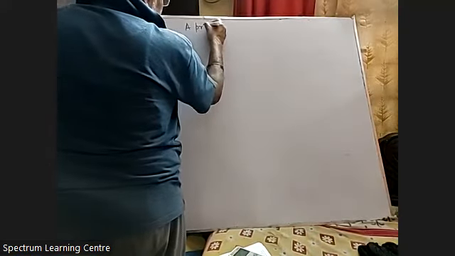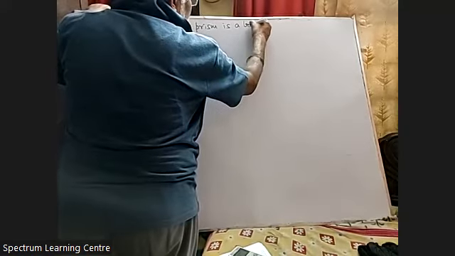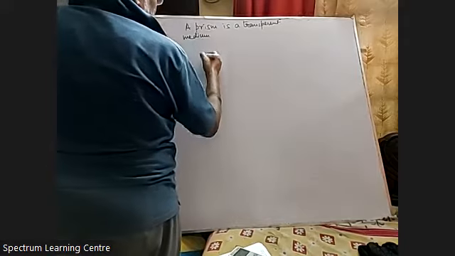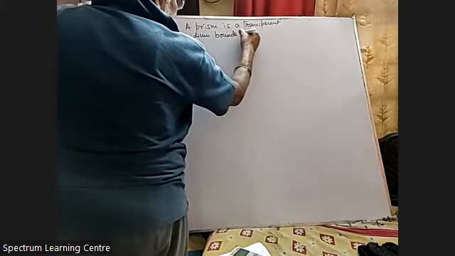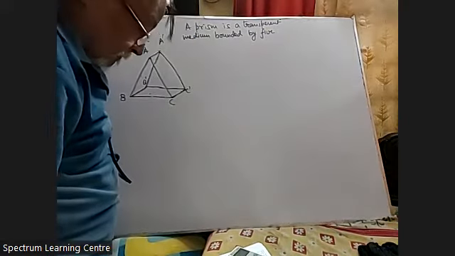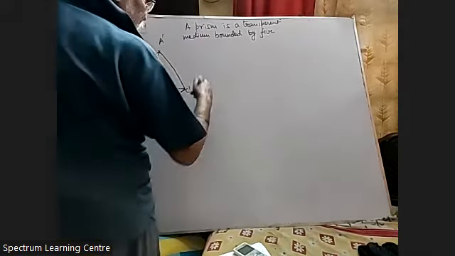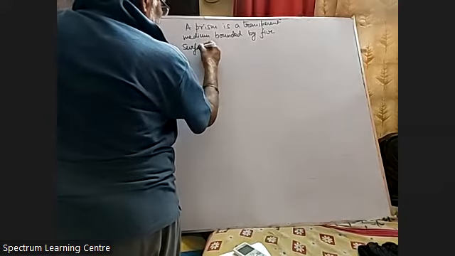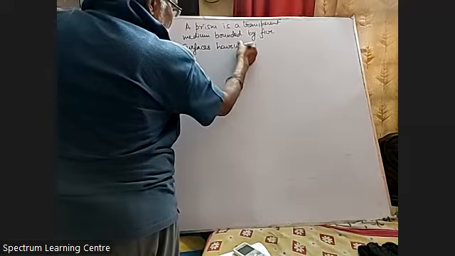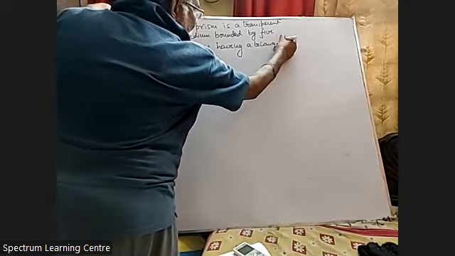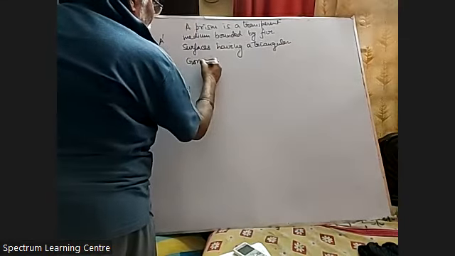A prism is a transparent medium bounded by five surfaces having a triangular cross section, right?